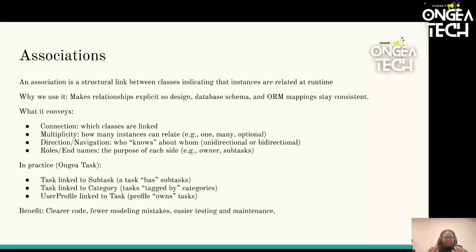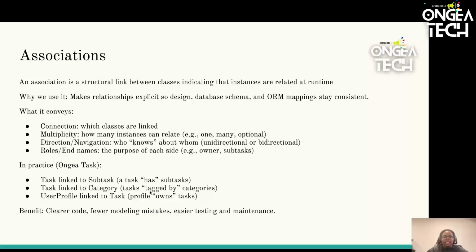So with regards to our project, task is linked to subtasks. So we would say a task has subtasks. In between task and subtask, we can put a description within that relationship, that connection, and you can have it as has. And then we can say that a task is linked to a category, and name that relationship.